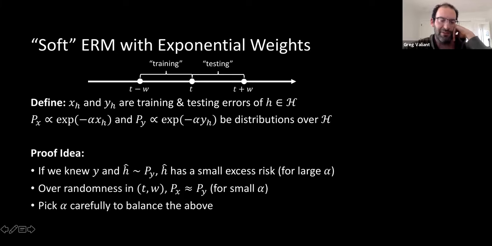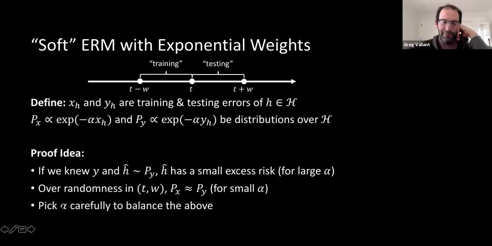And then there's an argument to show that with respect to the randomness in our choice of the window and when we make our prediction at time t, this exponentially weighted distribution corresponding to our training set is actually close to the exponentially weighted one of the actual test set, provided alpha is small. If alpha is small, then this correspondence is very good.